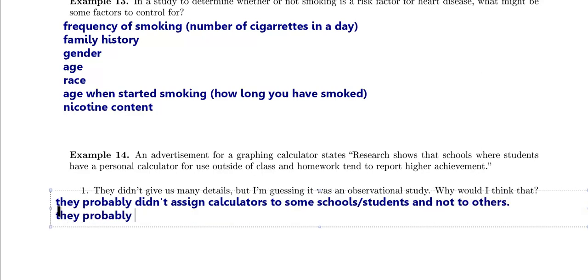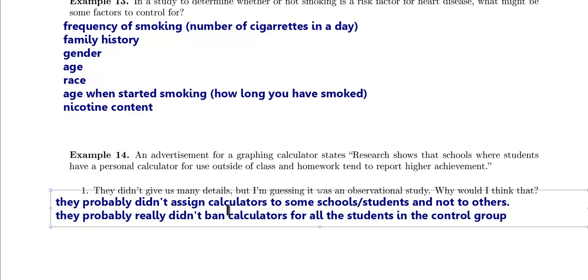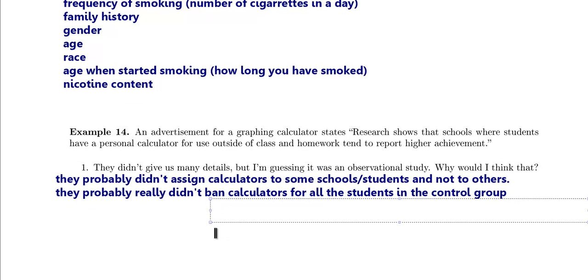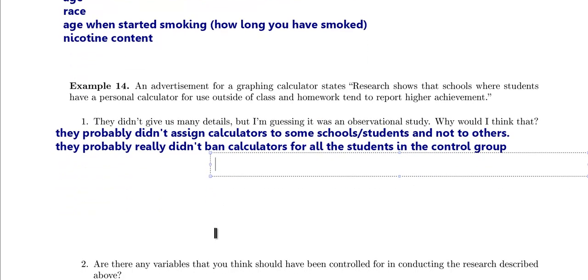And they probably didn't ban calculators for all the students in the control group, because they probably didn't go to their houses and take away their calculators and say you're not allowed to use a calculator at home if you're not in the treatment group. Also, this cannot be a blind study, because obviously you know if you're using a calculator or not.